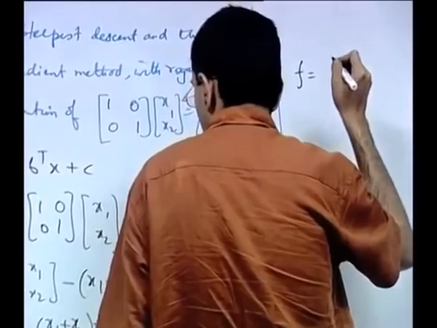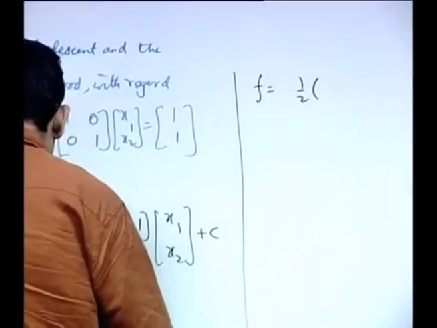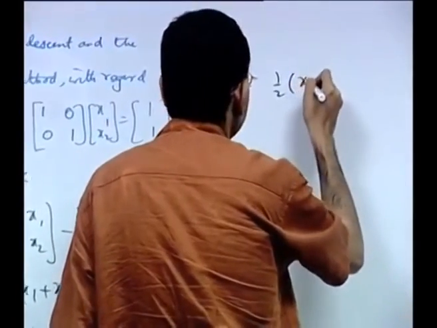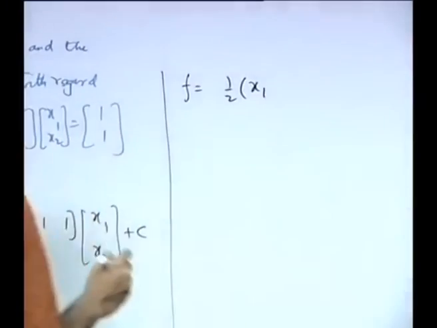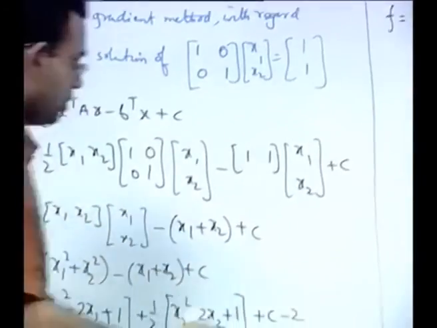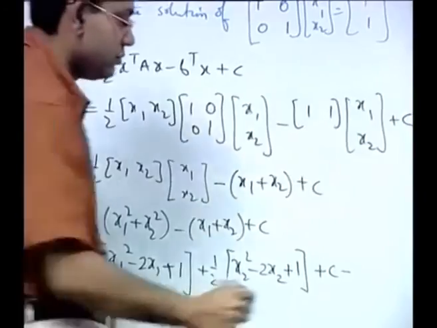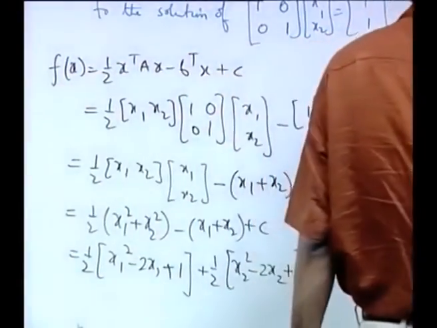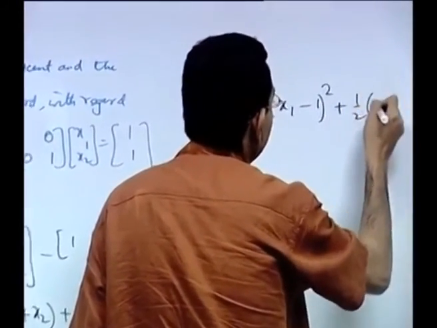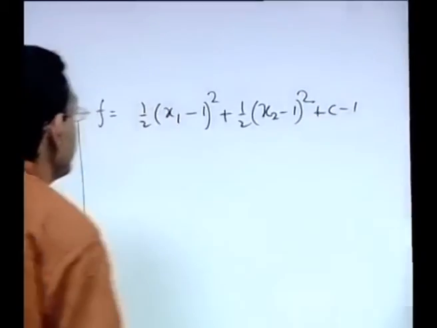There is one adjustment of minus 2, so plus c minus 2. So half of x1 minus 1 whole square plus half of x2 minus 1 whole square plus c minus 1.